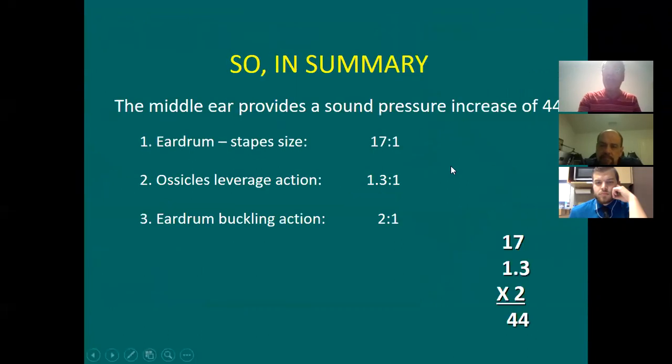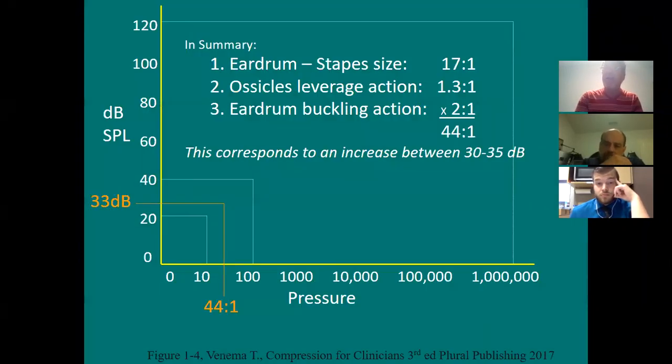So now in summary, you've got 17 to 1, 1.3 to 1, 2 to 1, and you multiply these all together and you'll get a 44 to 1 pressure increase. And next week when you learn in acoustics about the decibel, you'll figure out what this pressure increase corresponds to in decibels.